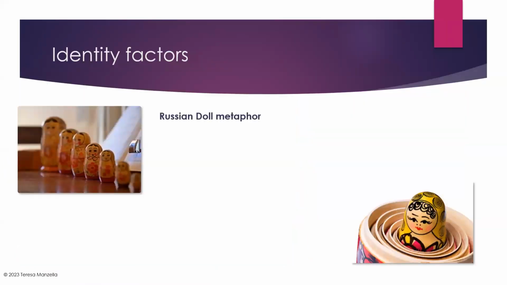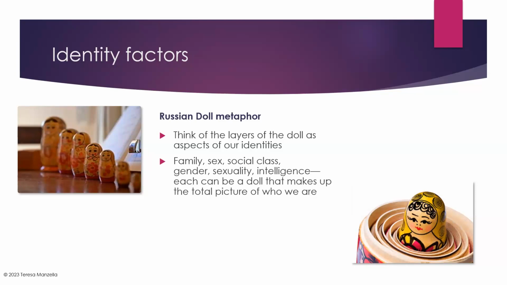So I have a Russian doll metaphor that I came up with that talks about identity factors. If you think of the layers of the doll, the little dolls within the dolls, as aspects of our identities, we've got our family background, our sex assigned at birth, social class, religion, sexuality, level of intelligence.